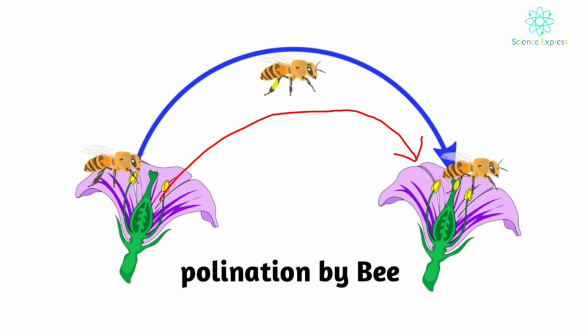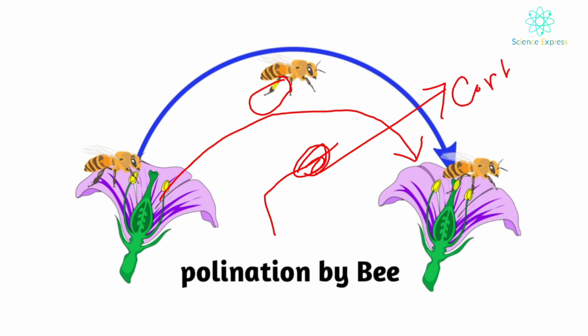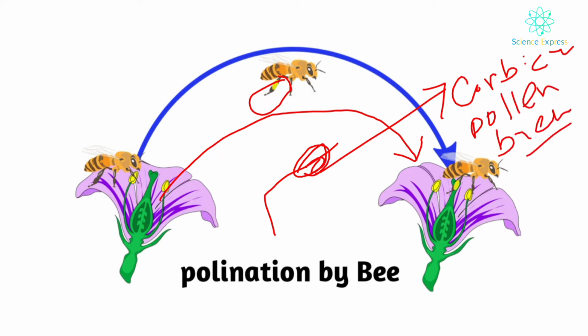The bee sits on one flower and carries pollen grains on its legs or hind legs, and carries them to another flower for pollination. The hind leg of the bee where it carries the pollen grains is called corbiculum, or pollen pocket. Clear? Okay.